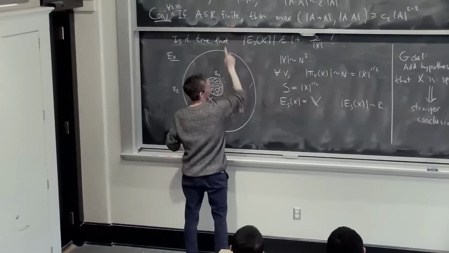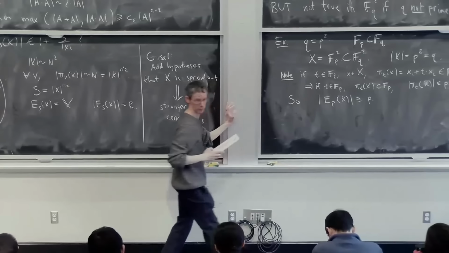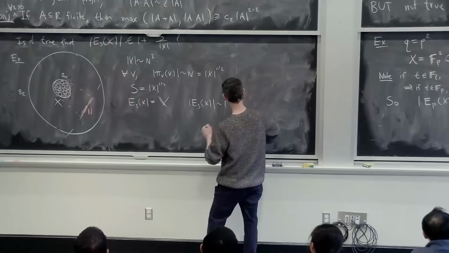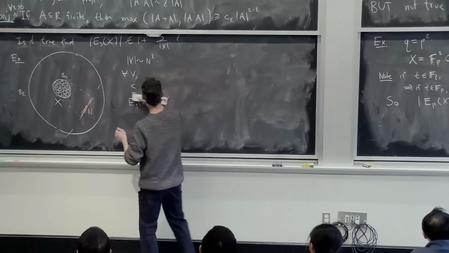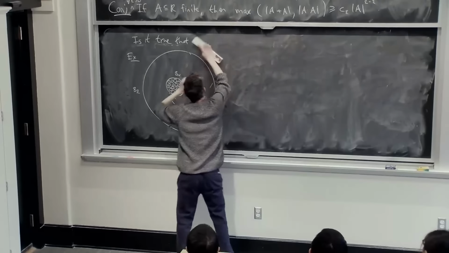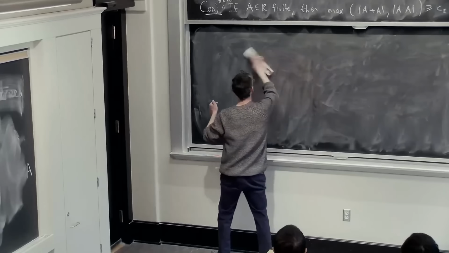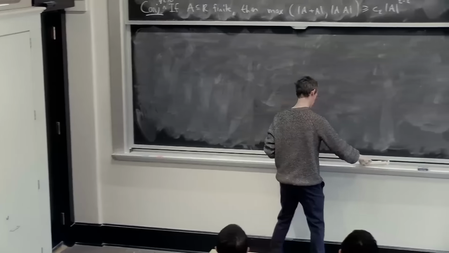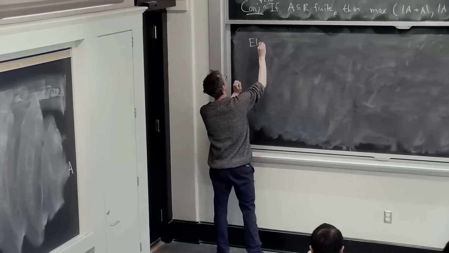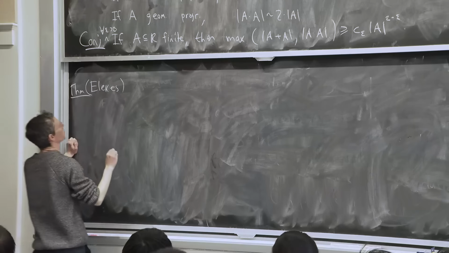This type of problem is connected to projection theory because of this type of example, and the connection goes in both directions. In one direction, there's a theorem of Elekes about the sum-product theorem.